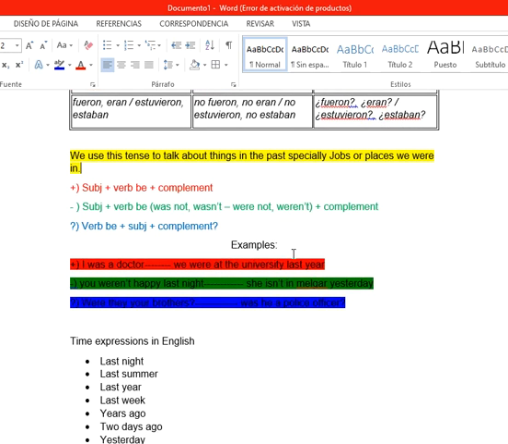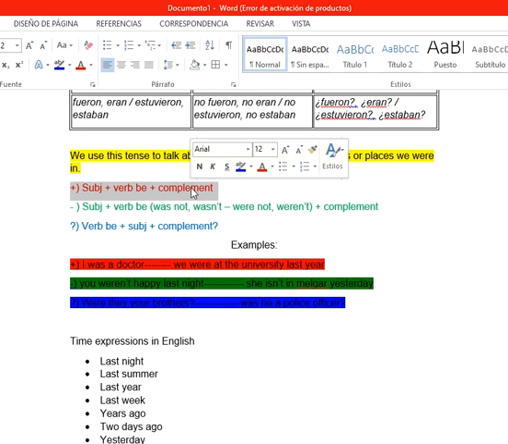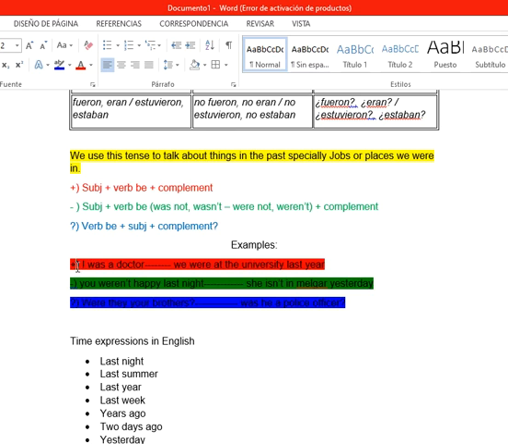And here you have some examples. We have two examples of each sentence. The ones in red are the examples of the affirmative sentence, and so on. First of all, we need a subject, right? Which is I. Then we need a verb to be, which is was. And then we need a complement, that is a doctor.